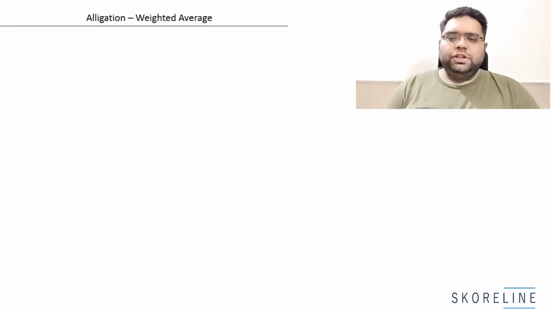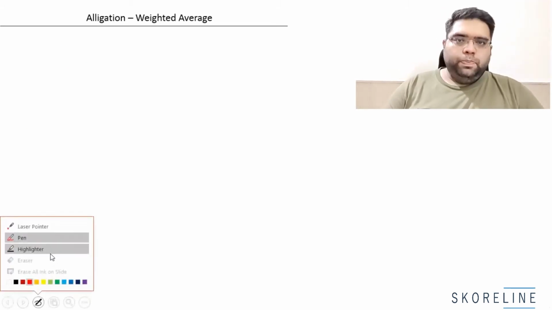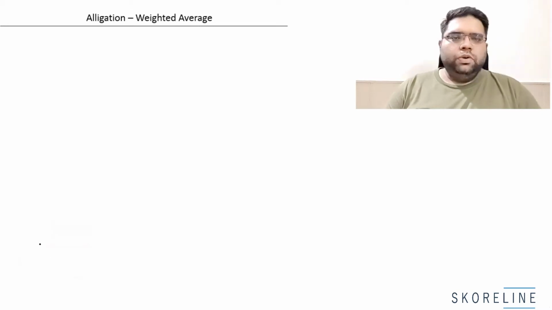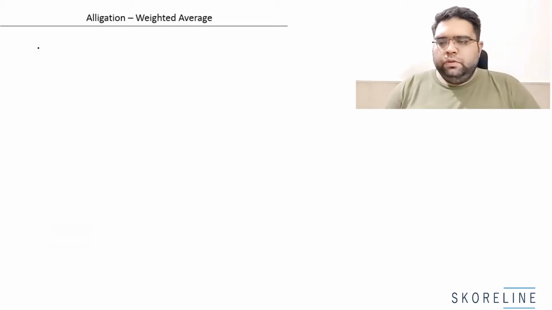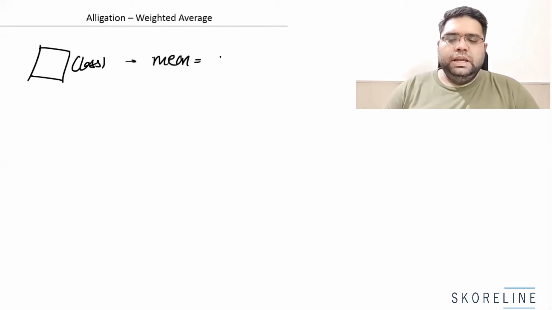Let's understand the relation between the allegation and weighted average. You see, what is weighted average? In weighted average, we usually have two or more than two groups of quantities with their own certain averages. So suppose this is one class with the mean of 40. Let's say the mean is of weight of the students of that class.